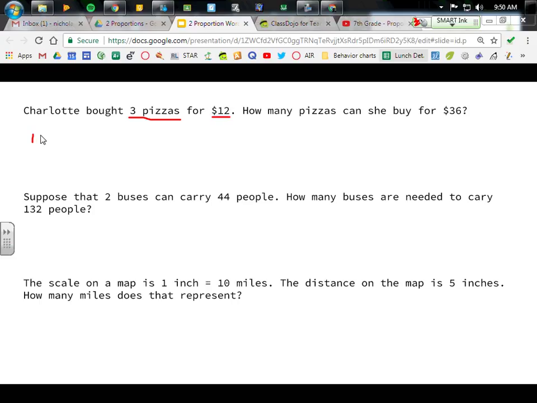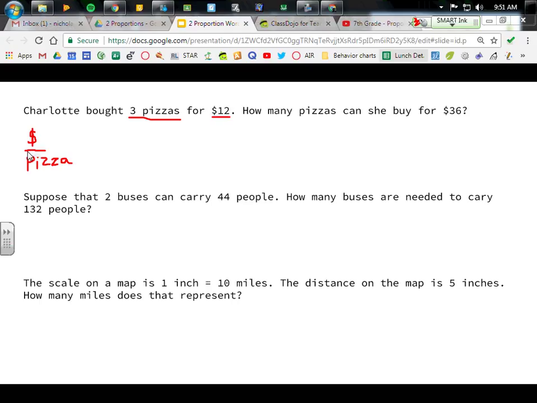And honestly, whenever you are faced with a money situation in proportions, you should really make it your numerator. That's where we come up with things like dollars per pound, or in here we're going to find out dollars per pizza. So we're going to make our ratio dollars over pizzas.